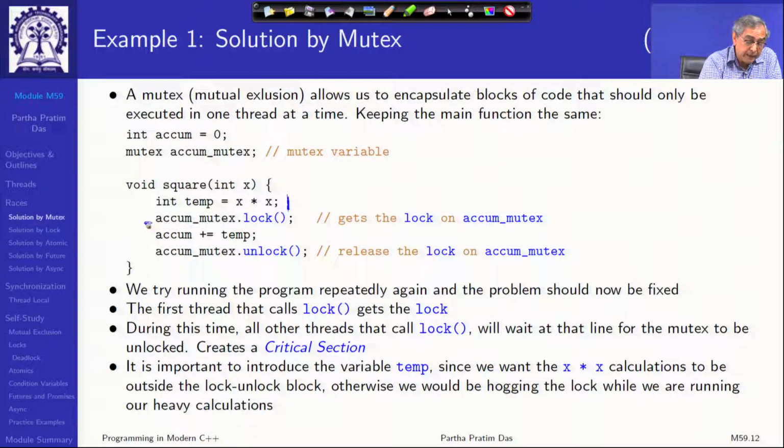Whereas this part, the critical section part, will necessarily be serialized. That is, at any point of time, only one thread will be able to add the product of x into x to the accumulator. So, this will ensure that the problem that we had seen earlier, that the old value of an accumulator is being read and being updated, will not arise.